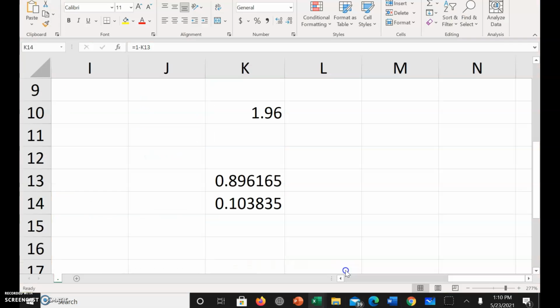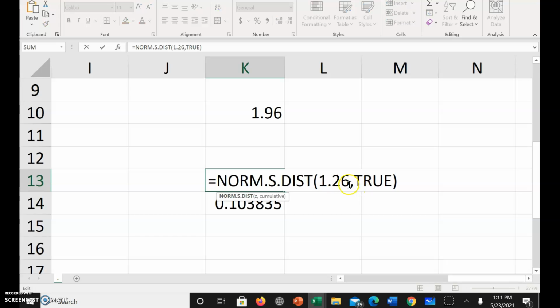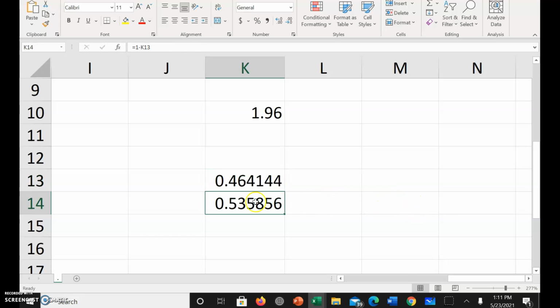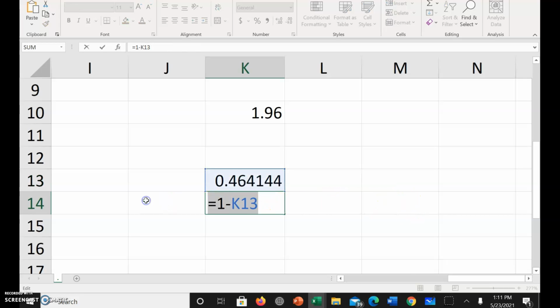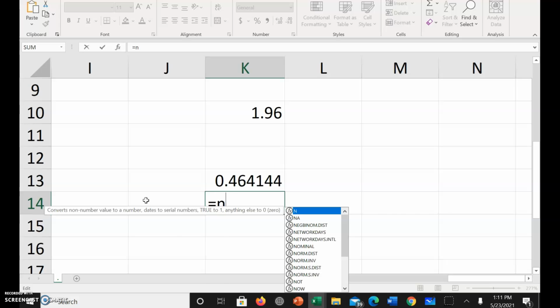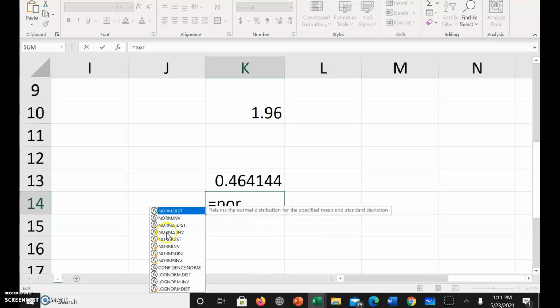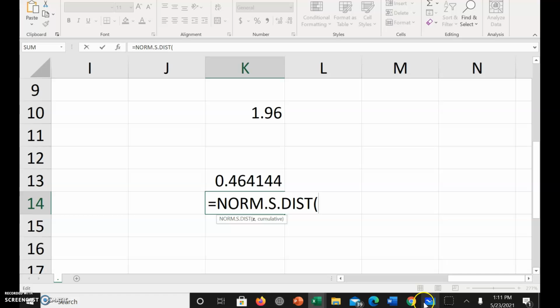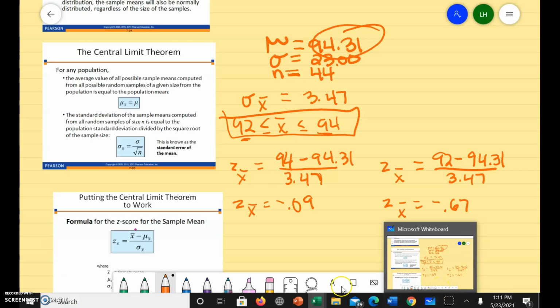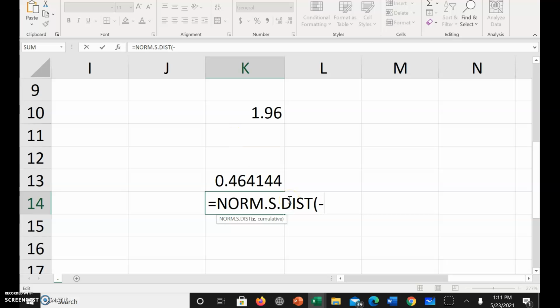Let's do negative 0.09. And we want it to be cumulative. And then let's do the other one, which was negative 0.67.